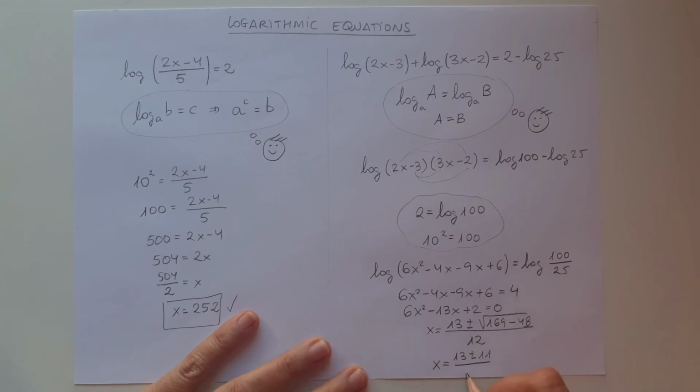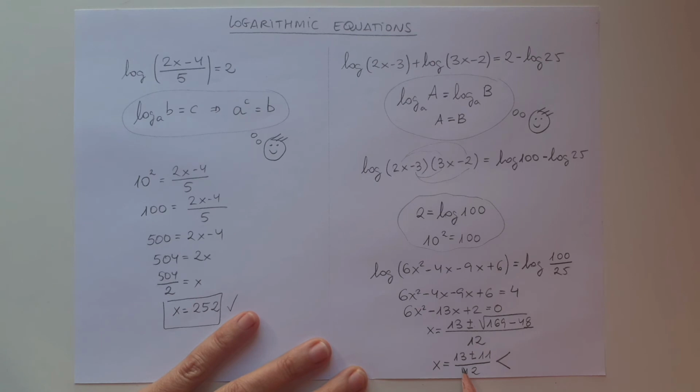If not, just use your calculator. And here we will have two possible solutions. This plus this, the result 13 plus 11 would be 24. 24 divided by 12 will be 2. And 13 minus 11 will be 2 over 12. That will be, if we simplify, 1 over 6.